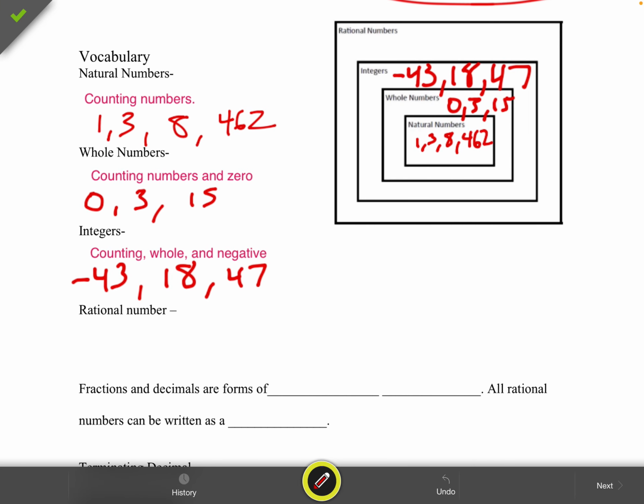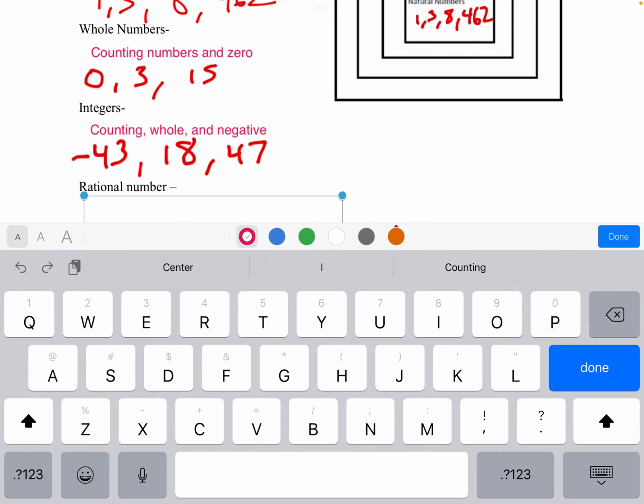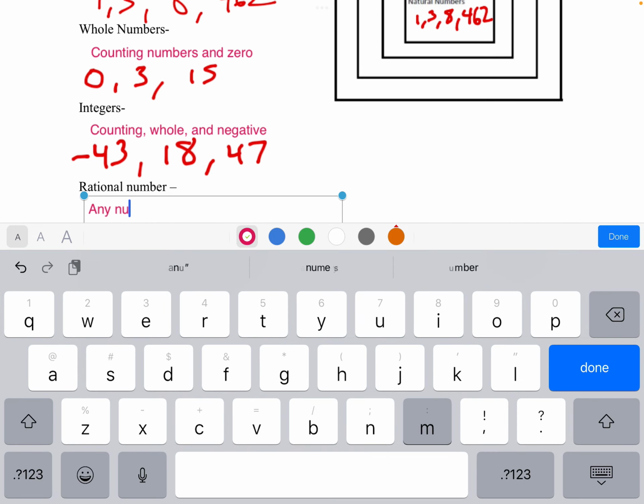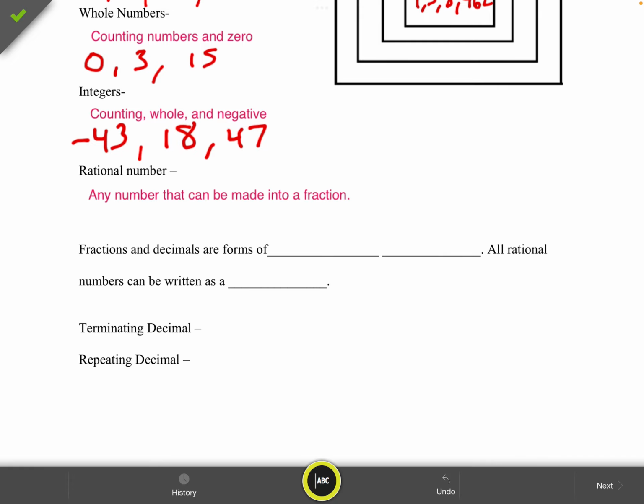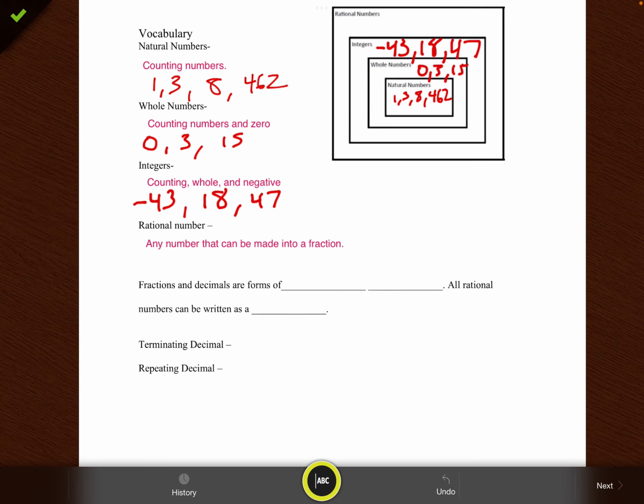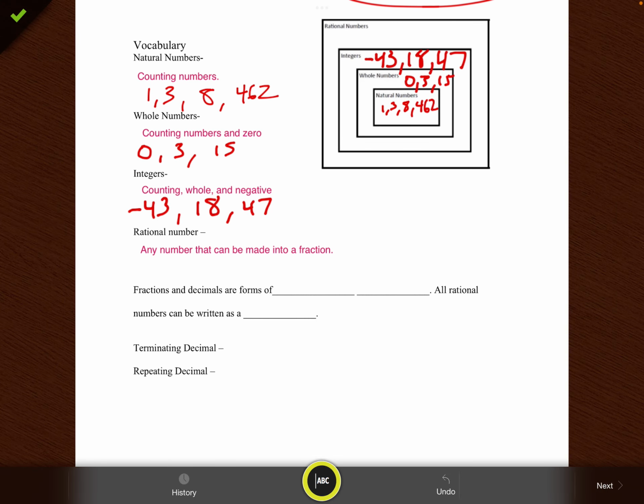And then finally, our last classification of a rational number is just rational number itself. And that is any number that can be made into a fraction. Right, any number that could be made into a fraction.